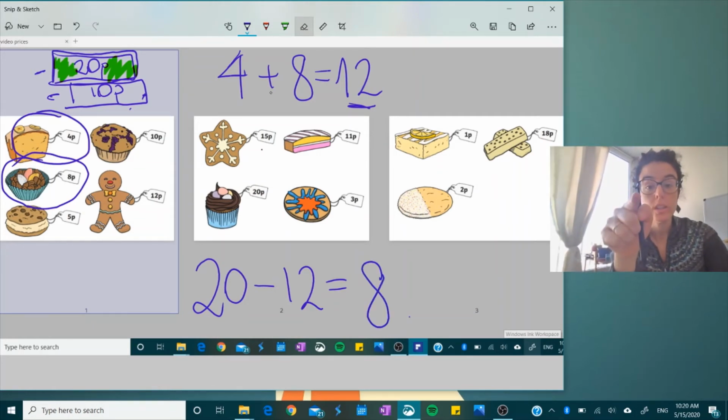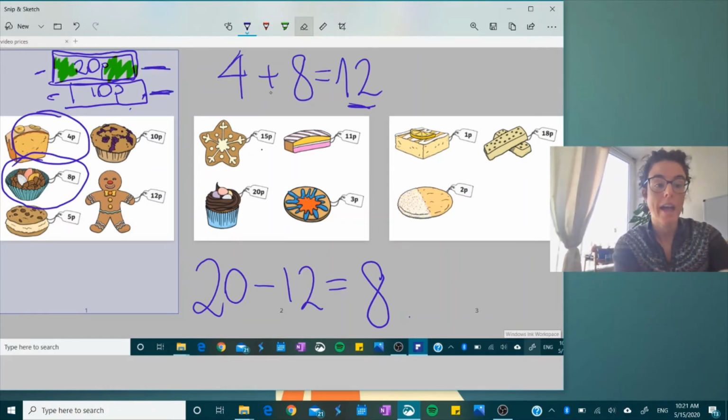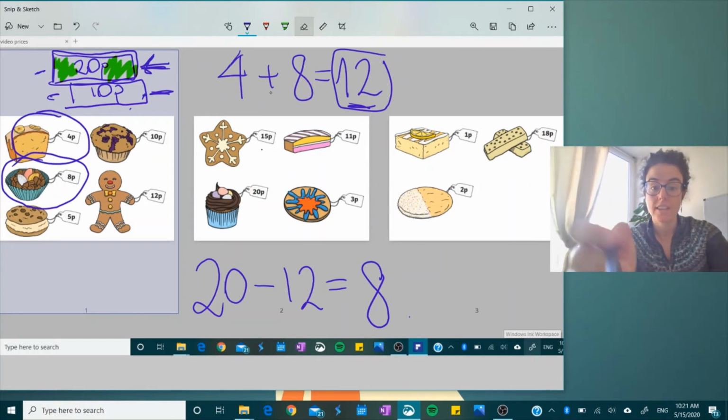So you, as the person working in the store, need to give me 8p back. Okay? And that is my change. Because I do not have 12. In my pocket, I only have 10 and 20. But I need to pay 12. How do I do that? I can use the 20 because it is bigger than 12. And I can get change back.